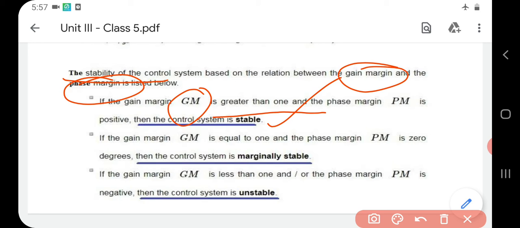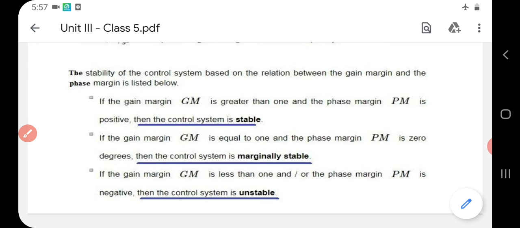If gain margin GM is equal to 1 and the phase margin PM is equal to 0 degrees, then the control system is marginally stable. If the gain margin GM is less than 1 and or the phase margin PM is negative, then the control system is unstable. So these are the principles.